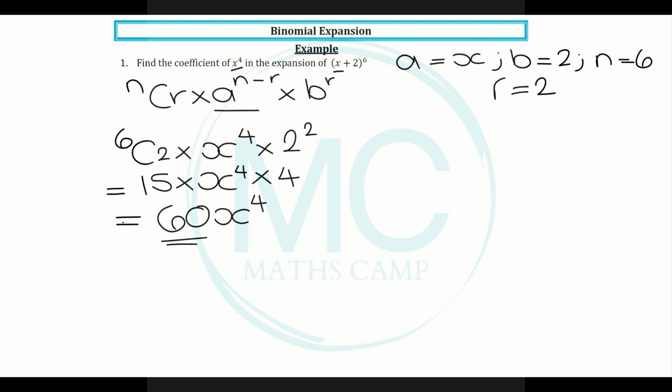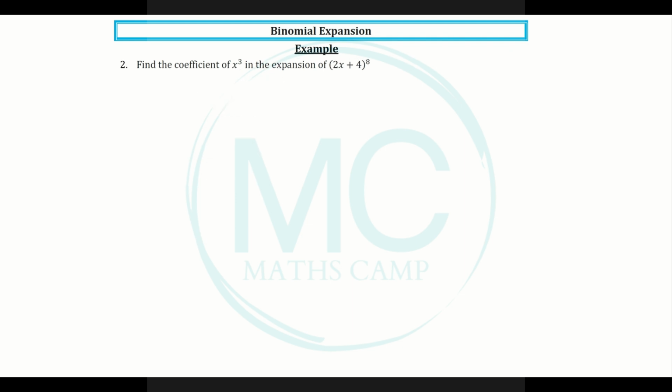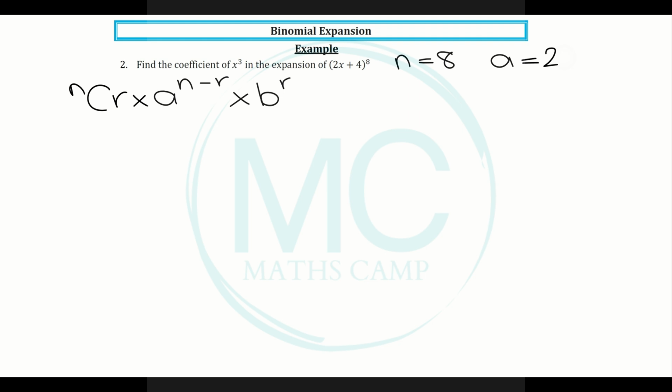Let's do another one. Find the coefficient of x cubed in the expansion of 2x plus 4 with an exponent of 8. Let's start with our formula. nCr multiplied by a with an exponent of n minus r, multiplied by b with an exponent of r. N is the exponent of the bracket, so n is 8. A is the first term, a is 2x, and b is 4.